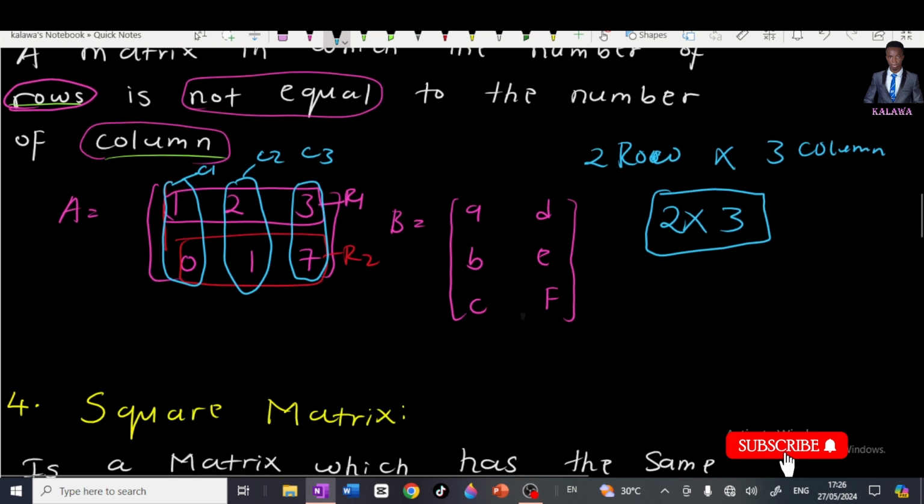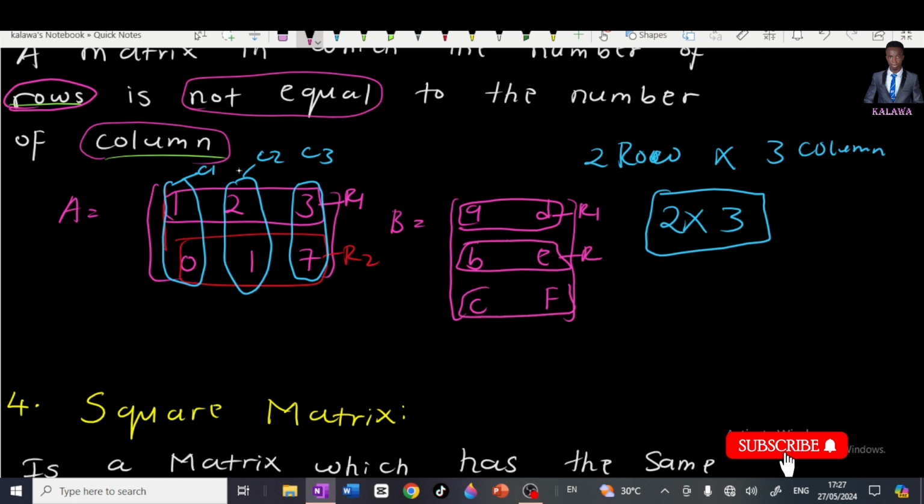And in this other example, we have 3 rows. A, B is R1, B, E is R2, and C, F is R3. So we have 3 rows, and how many columns do we have? We only have 2 columns. A, B, C is column 1, and D, E, F is column 2.